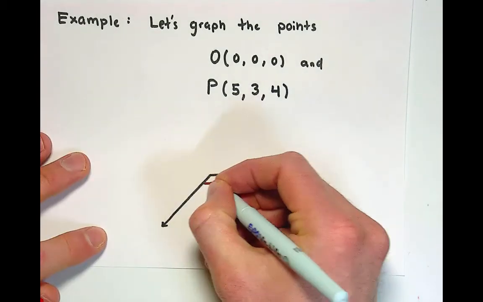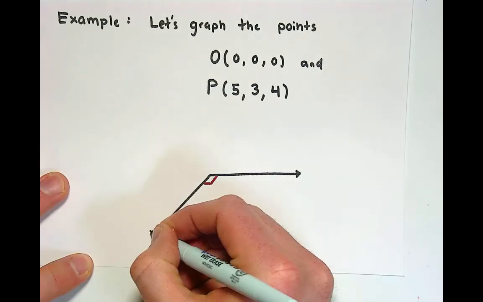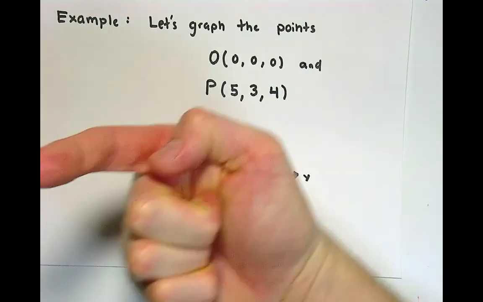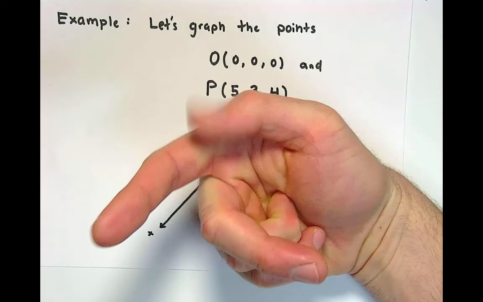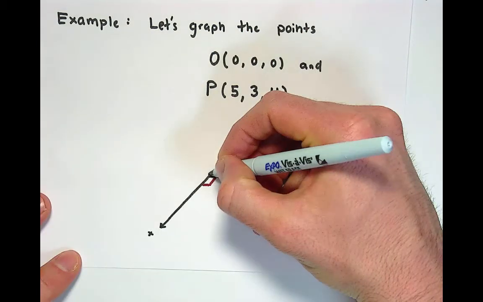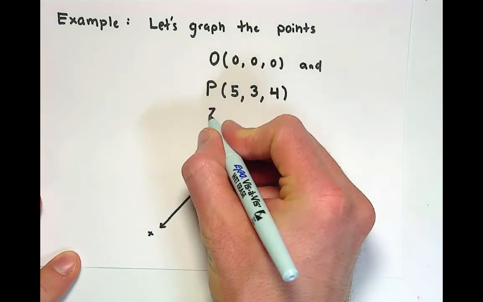And by using our right-hand rule, my index finger goes up out towards the board. My middle finger is in the positive y. And then the direction of my thumb is the positive z. So I see that z should be coming up out this way, 90 degrees to both of those.